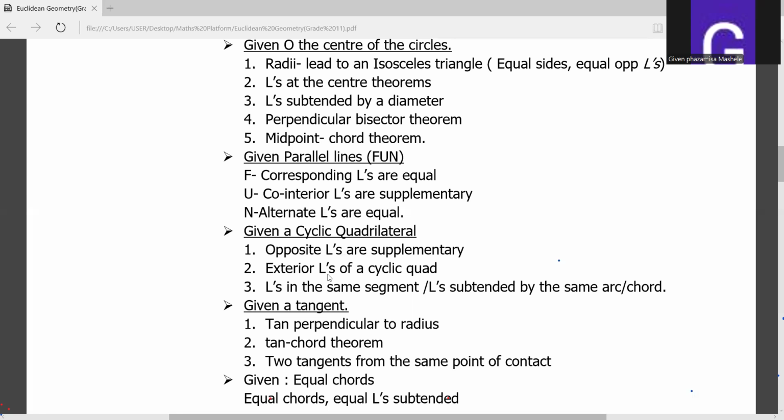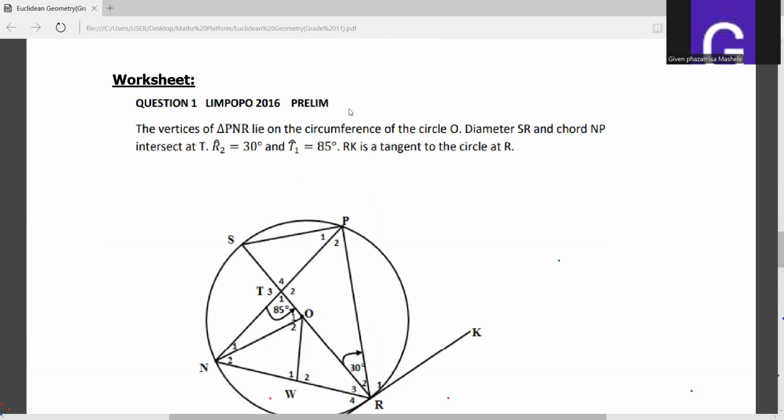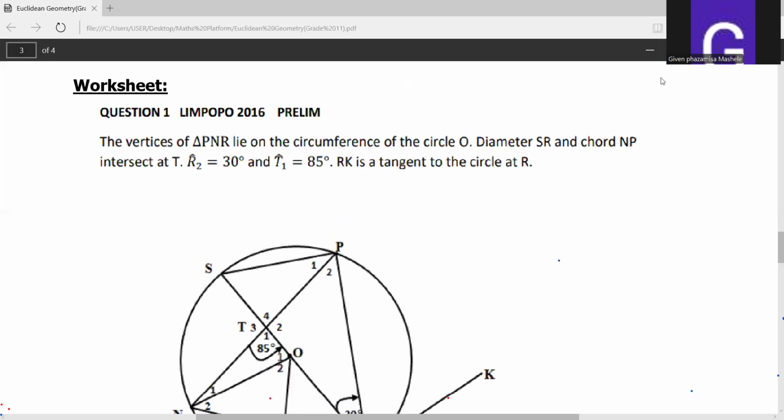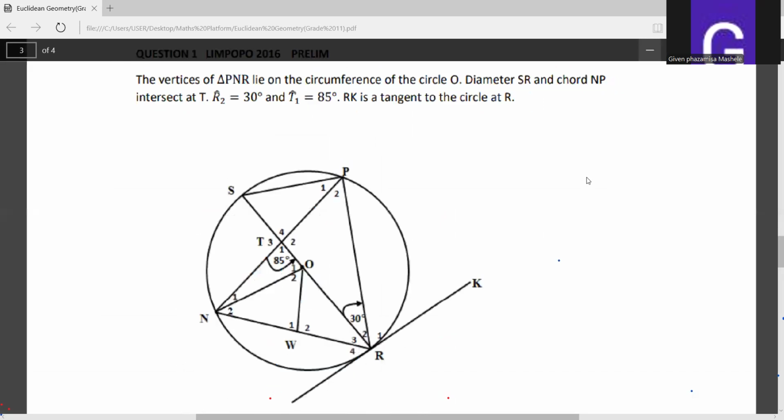All right. Then now, let us look at this question. This is a Limpopo 2016 prelim paper. Okay, let's look at the statement. And guys, one of the things in terms of Euclidean geometry, the best way is to know that you don't have to look at the questions.